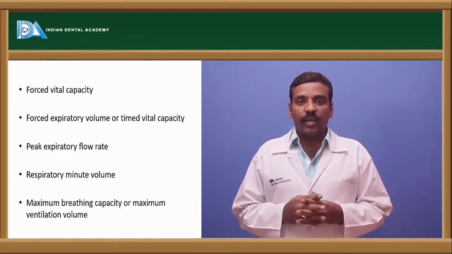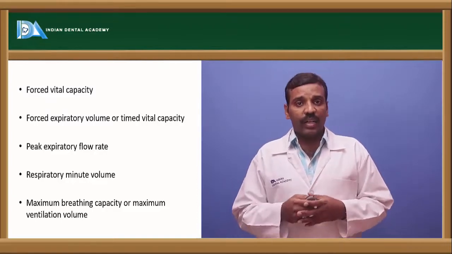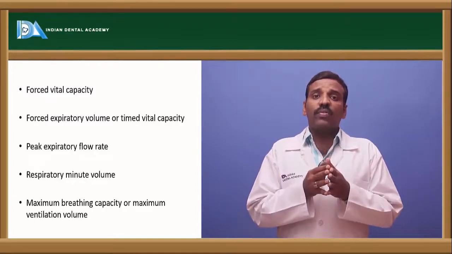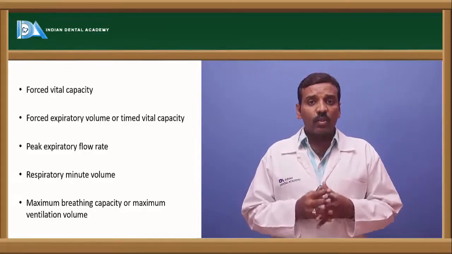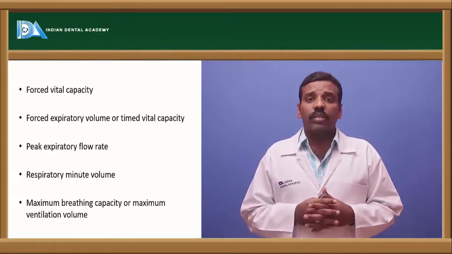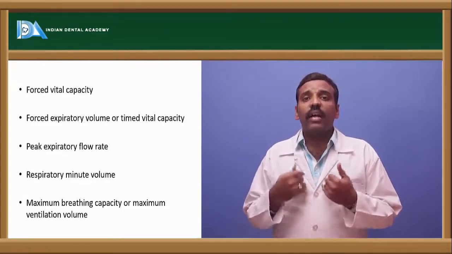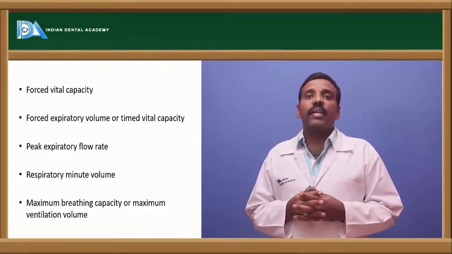The rate of respiration is normally between 12 to 18 times per minute. Within these 12 to 18 times, how much we are inspiring in and expiring out is called respiratory minute volume.